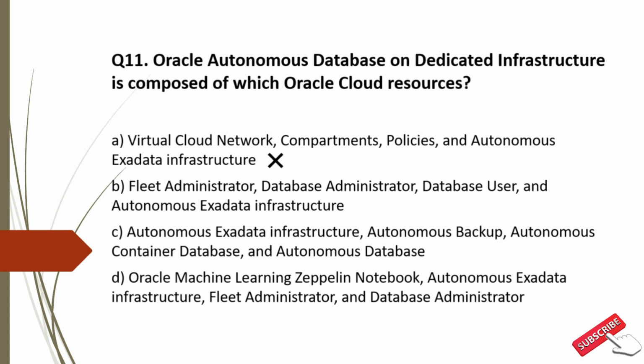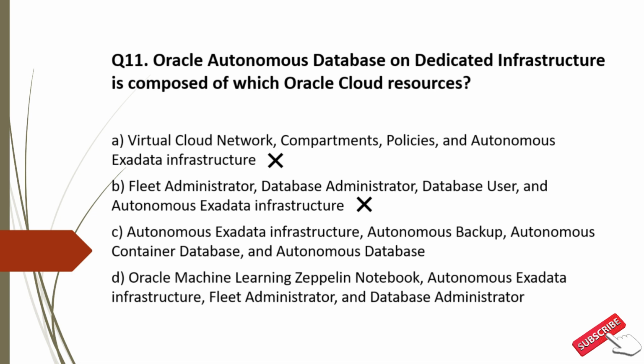Option B. Fleet Administrator, Database Administrator, Database User and Autonomous Accelerator Infrastructure. Same as option A, only autonomous accelerator infrastructure is valid, rest are not. So this is incorrect too. Option C, autonomous accelerator infrastructure, autonomous backup, autonomous container database and autonomous database. This is correct.